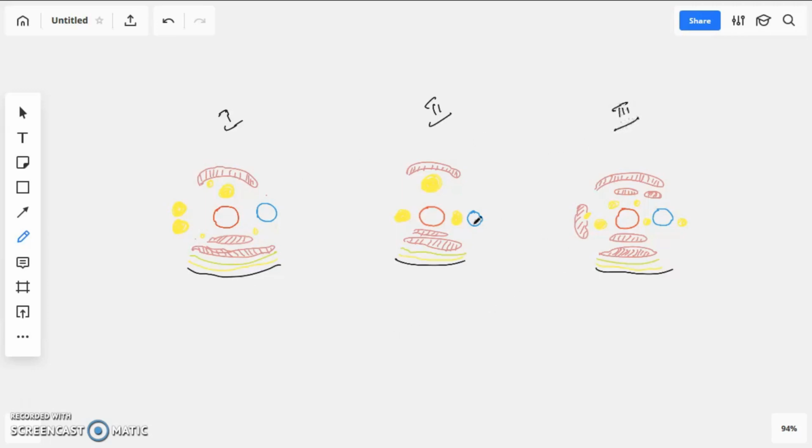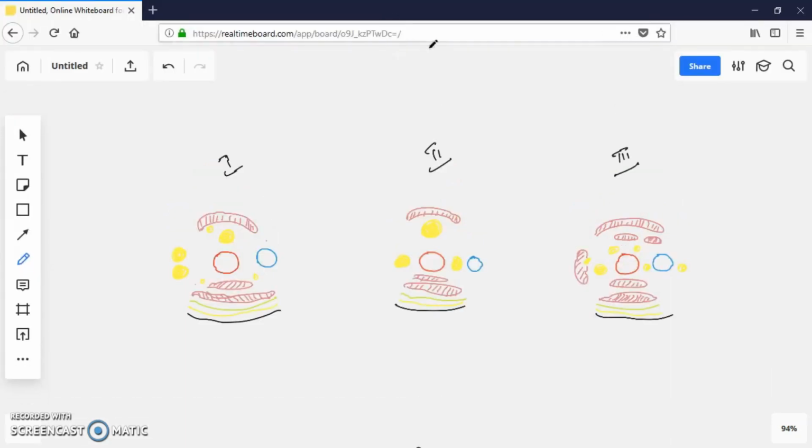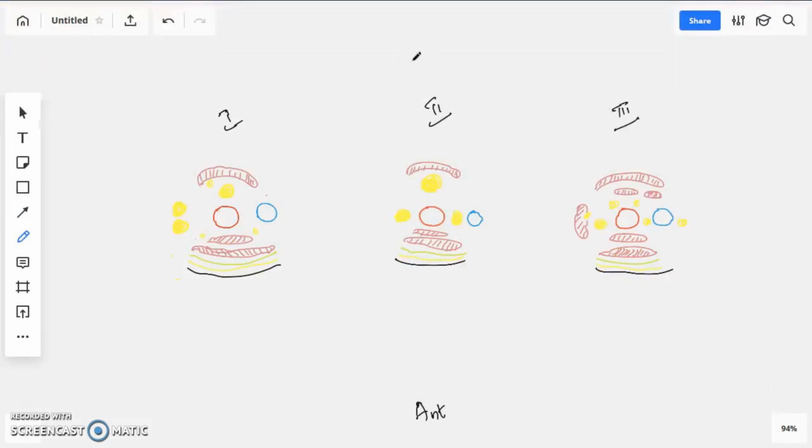For orientation, you remember this as anterior aspect, and behind we have this as posterior aspect, this as medial, and this as lateral aspect. If you have this orientation, then it will be easier for you to remember the structures.